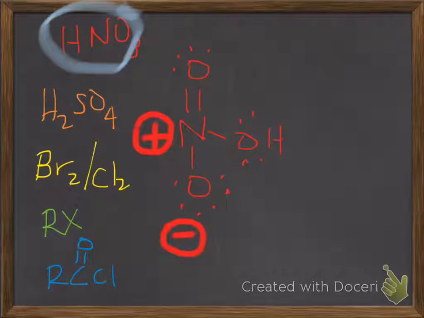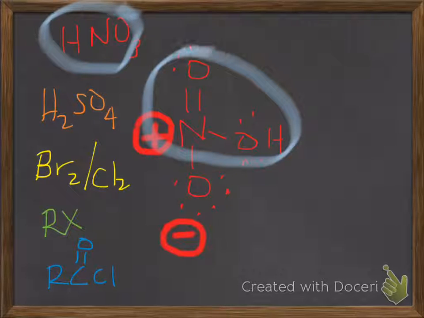Alright, so now we have to think about which part of this is the E and which part of it is the Y. Now, your gut instinct may very well be that the E portion is all of this, and the Y portion is that oxygen.